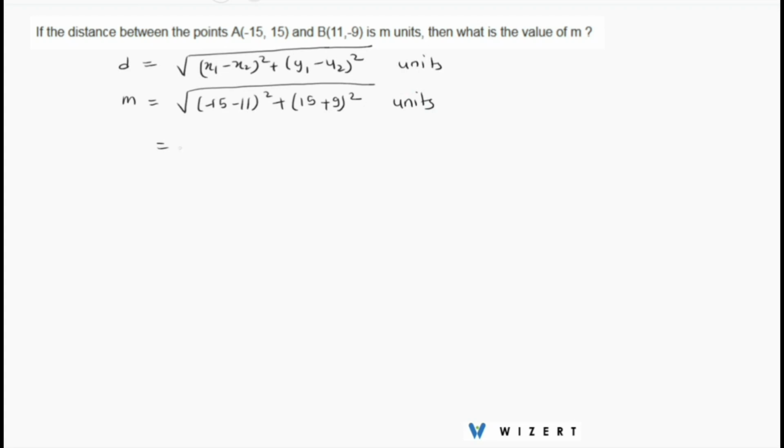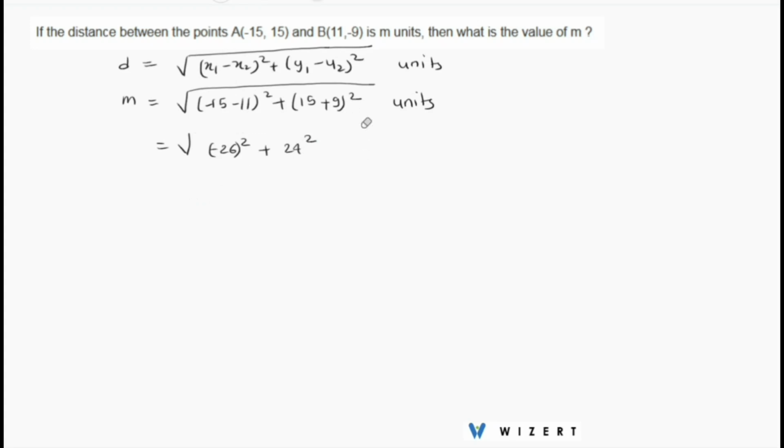So we get under root of (15 minus 11) whole square, that means minus 26 whole square, plus 15 plus 9 is 24 square, units.